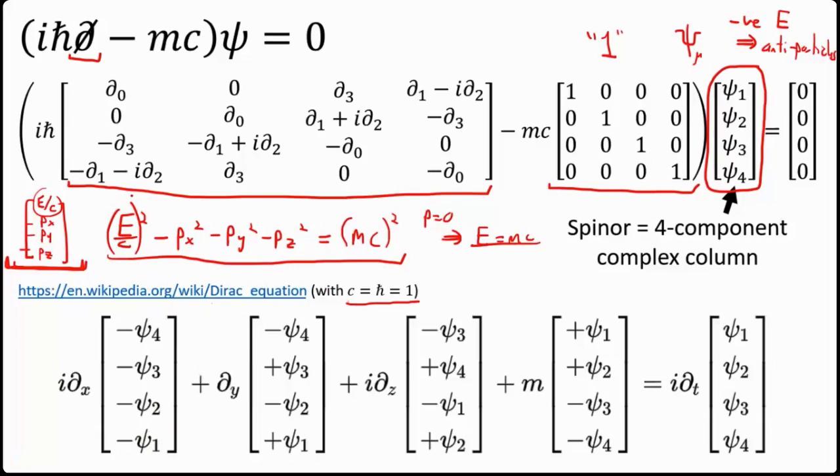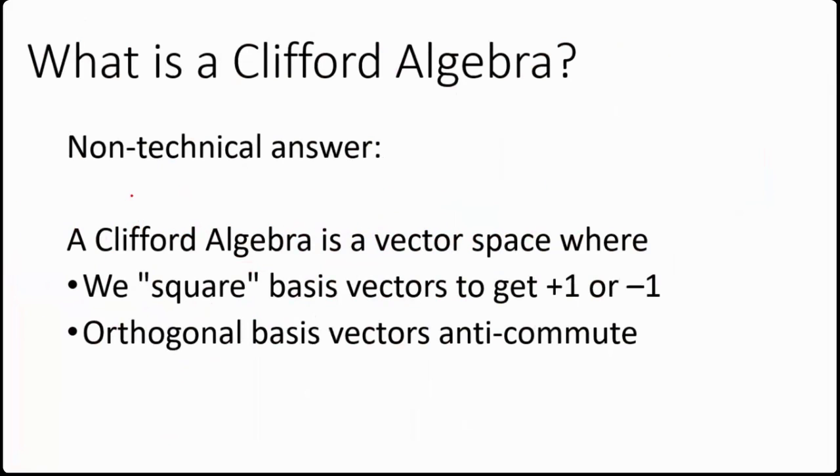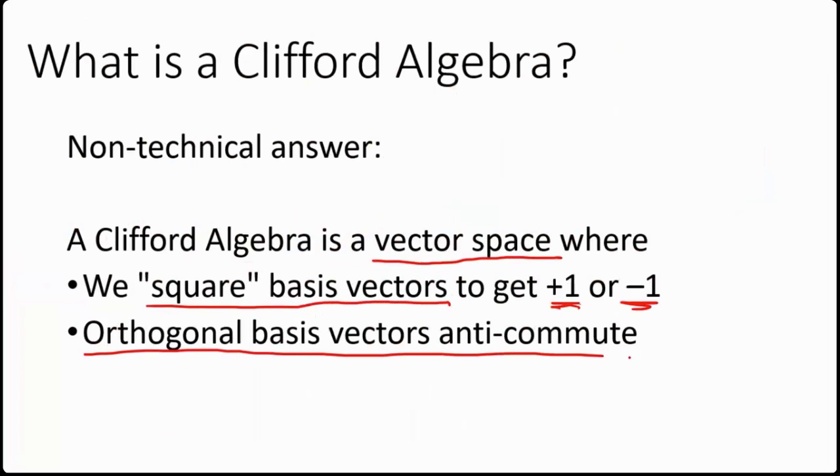Now I want to start talking about how you can change your point of view with these Dirac matrices and start thinking in terms of Clifford algebras. Here's a non-technical answer for what a Clifford algebra is. It's basically a vector space where we can square basis vectors to get +1 or -1, and orthogonal basis vectors anti-commute.